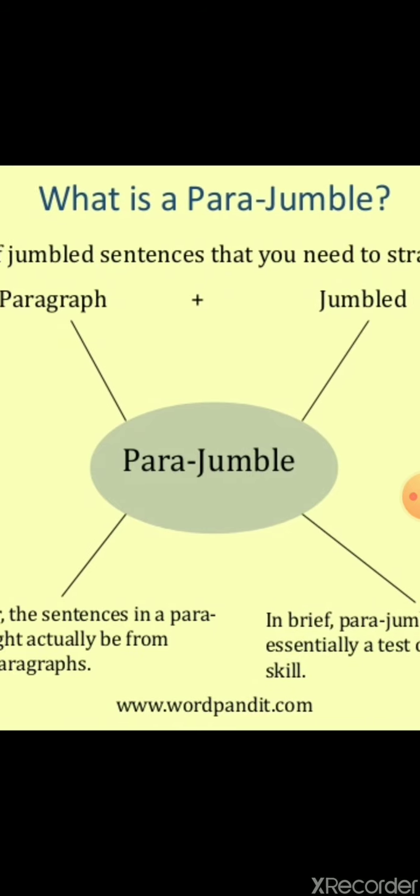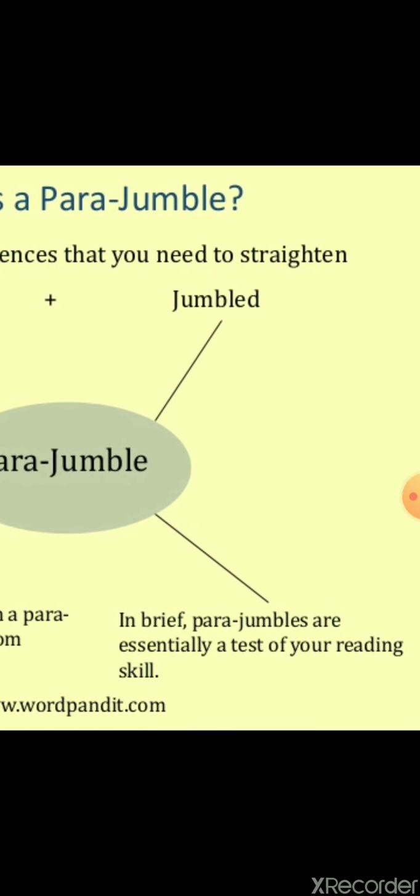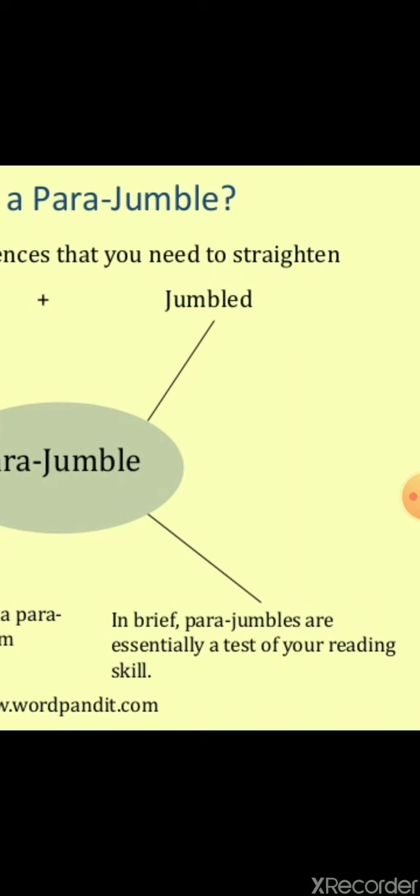So in brief, parajumbles are essentially a test of your reading skill. What has been shared with you in the reading text, you need to use your knowledge and skill to put into the right sequence. Don't think about other facts you know, such as this happened first or that happened later but they have put it in the wrong sequence. No. You are not supposed to put the sequence according to reality. You have to put it according to the given statements, B, C, D, E only.